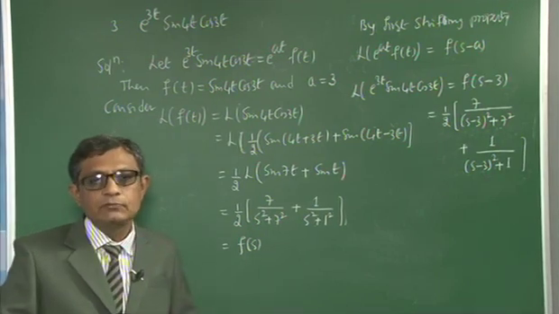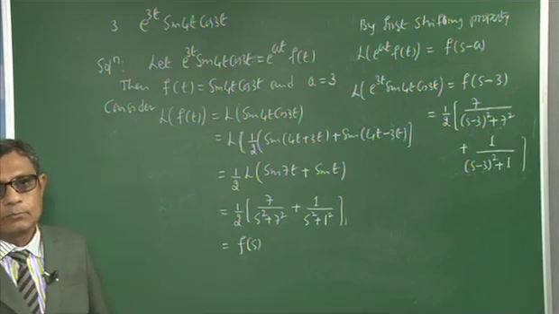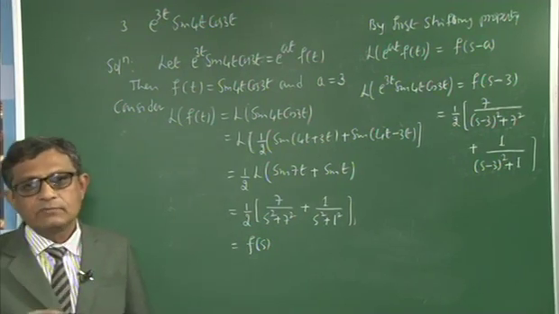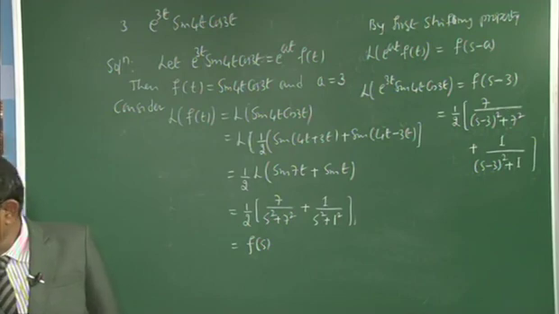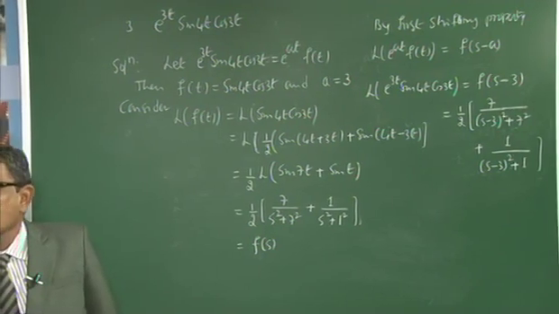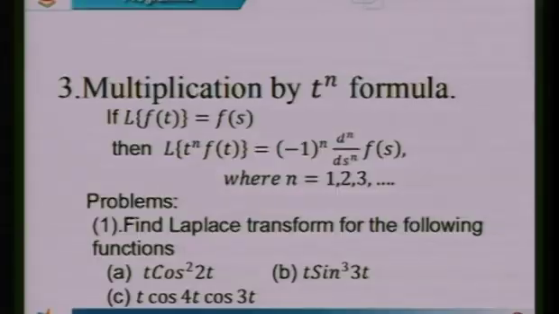Then only we can apply the corresponding property formulas. Okay, this is your second property, the first shifting property. What is the third one? The third property is the multiplication by t raised to n formula. What is your first property?